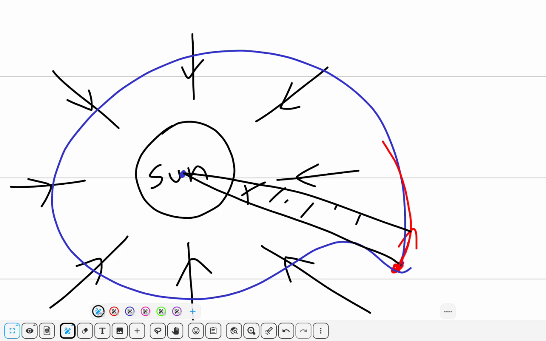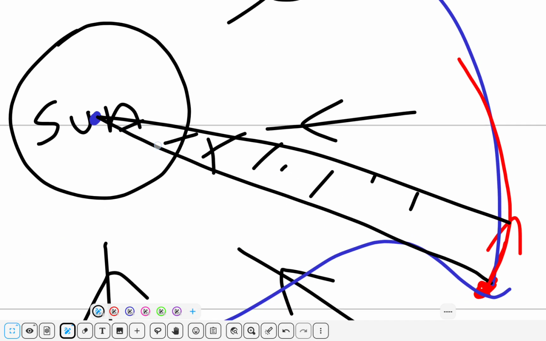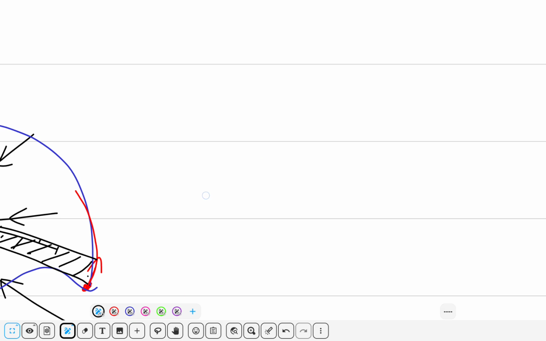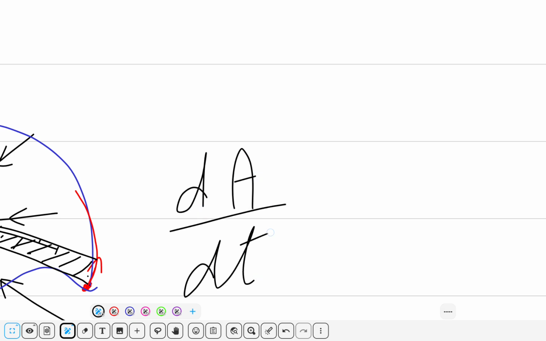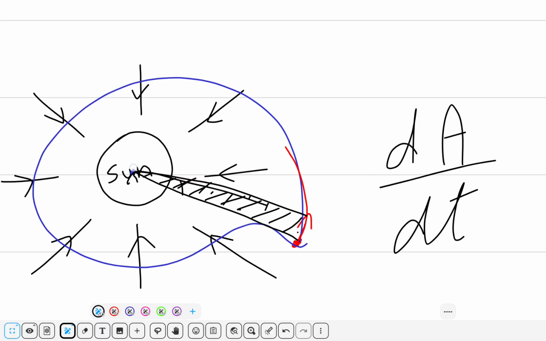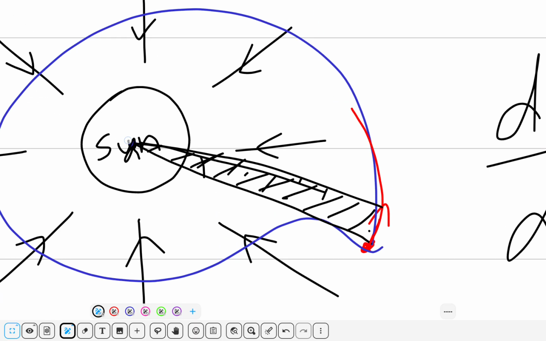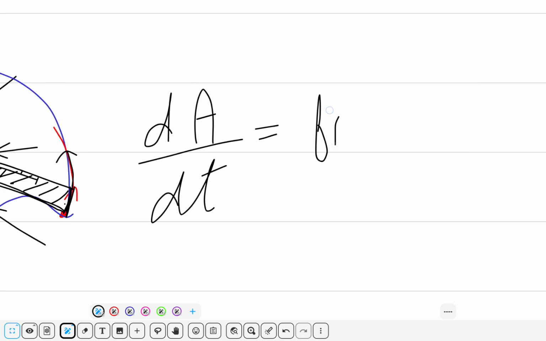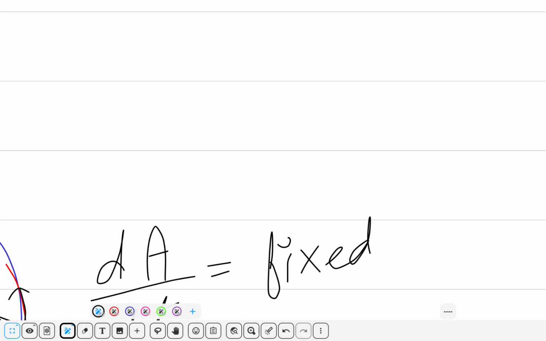Because of this, some area will be formed here. So the thing is, in a central force, the rate of change of area covered from the center by the particle at every instant is always fixed. This is just a fact which was verified over hundreds of years by, I think there were many people, but the most famous is Kepler.